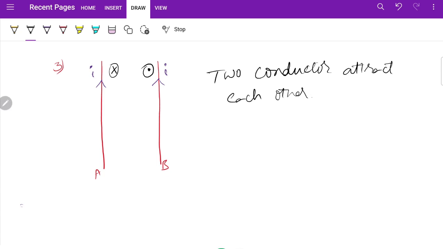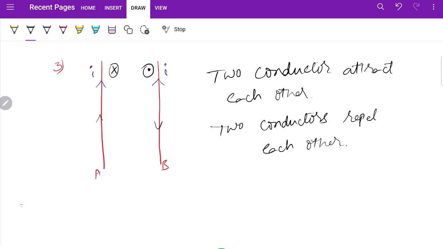If one conductor has a current in the upward direction and the other in the downward direction, then the two conductors will repel each other. So this is a very important point to be noted.